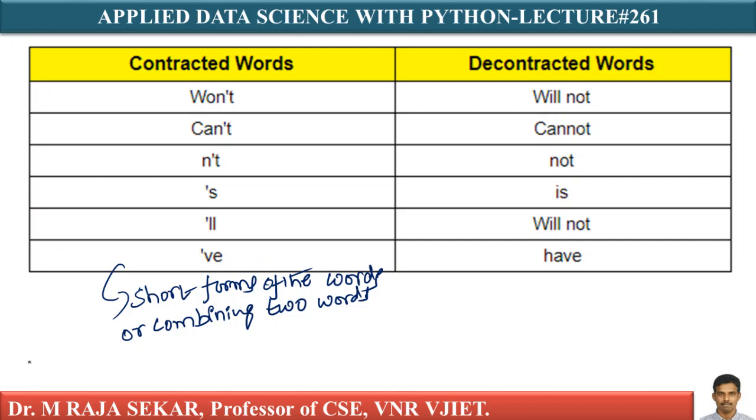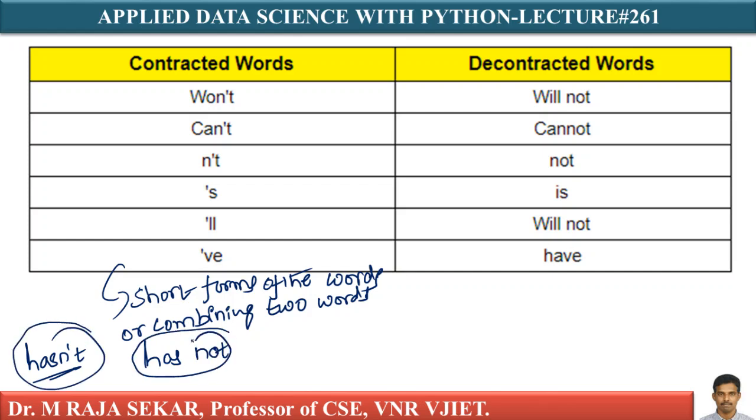They may write hasn't been like this. Isn't it? Some consumers may write the product in the full form, meaning decontracted words, that has not been up to my expectation.